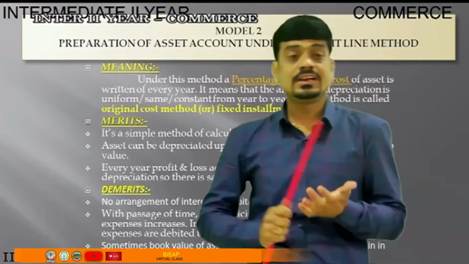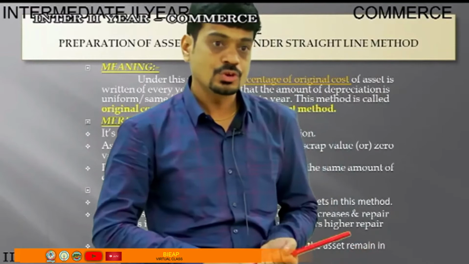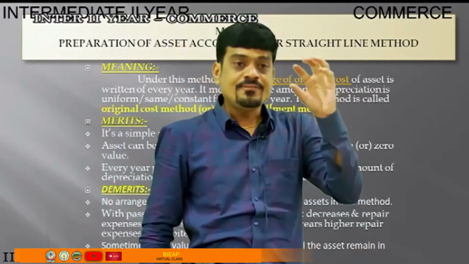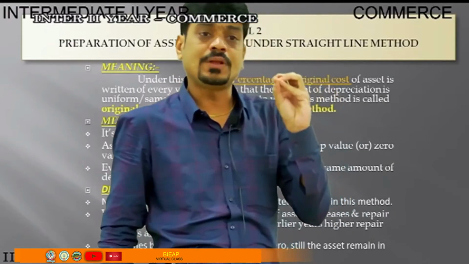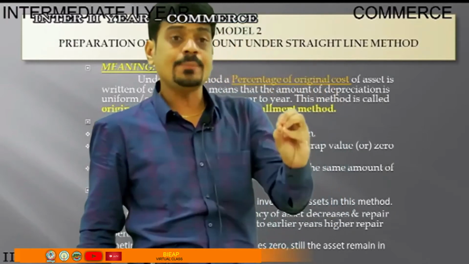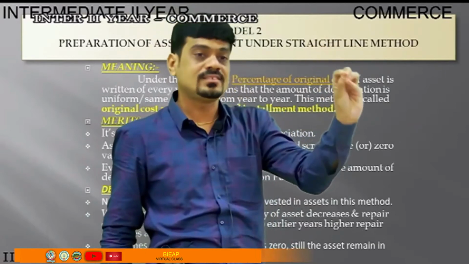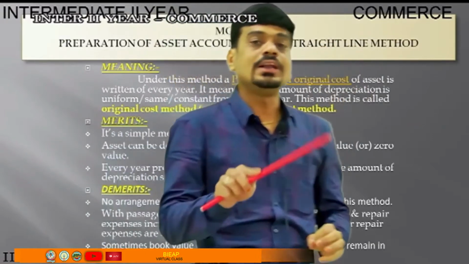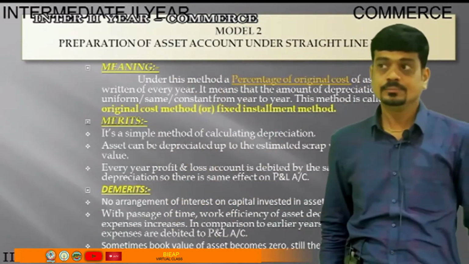Then comes the reason, sir, why we call it the original cost method. That also we should know. Since every year we calculate a specified rate of depreciation and that depreciation is calculated on the original cost of the asset, thereby we call it the original cost method or fixed installment method.